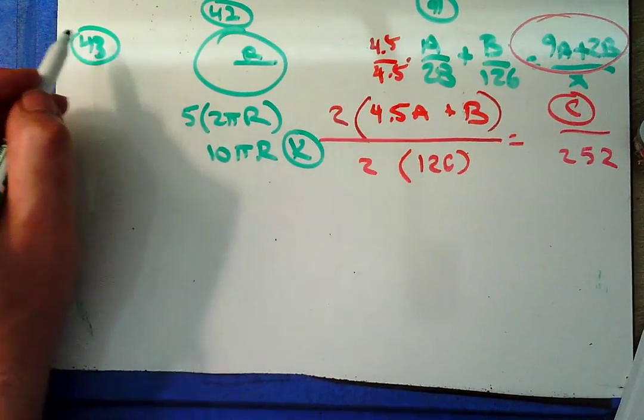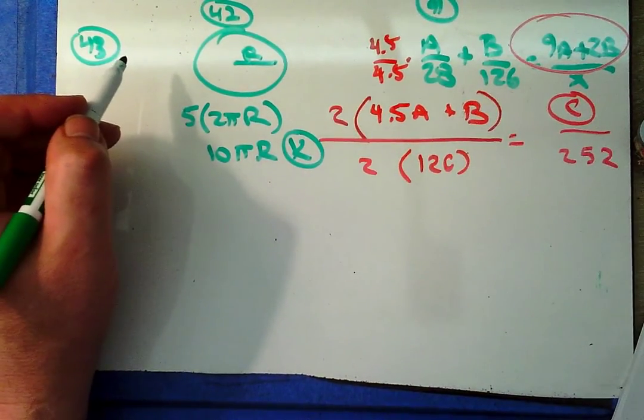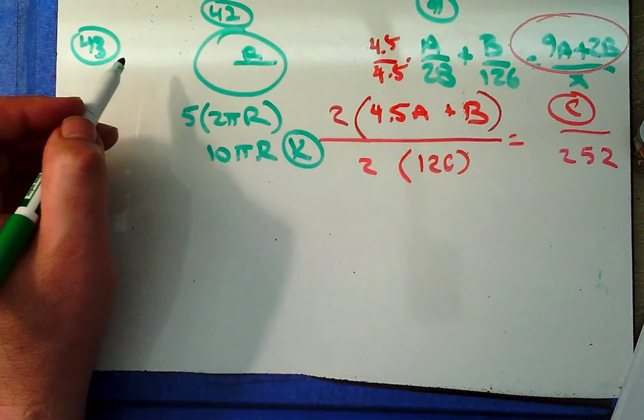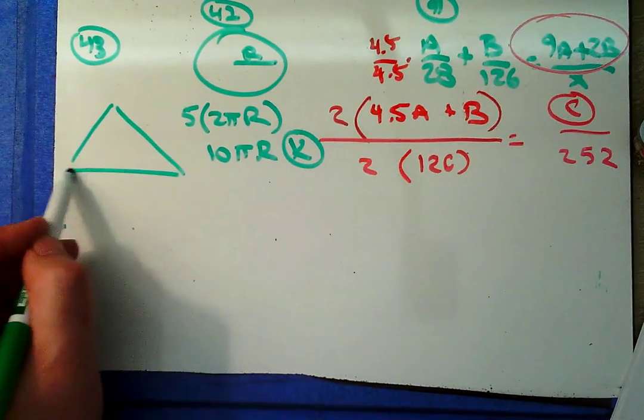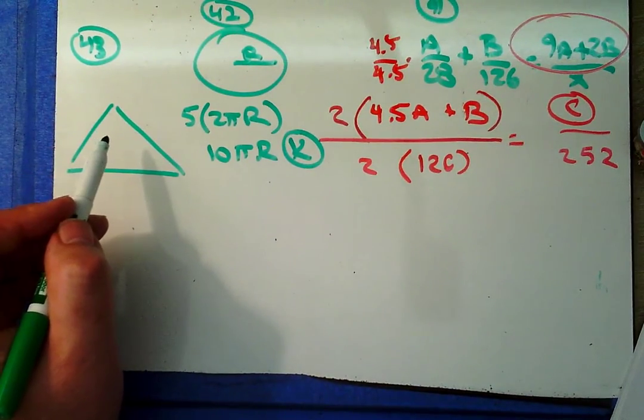43 looks tricky. We should be able to do this one, having just covered this stuff. So that missing angle up there is, oh, we haven't covered this. This is law of sines.